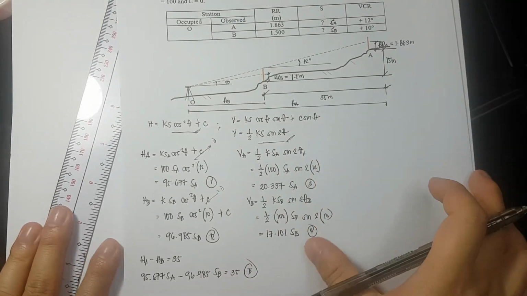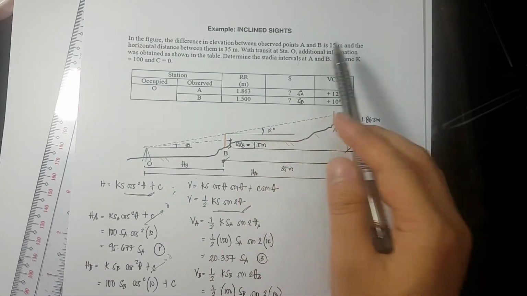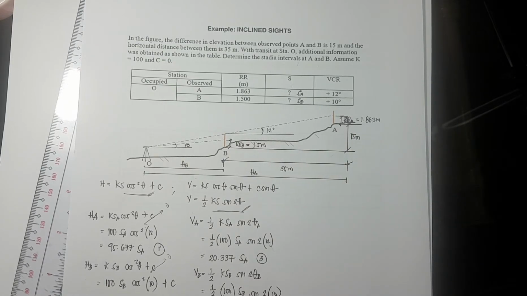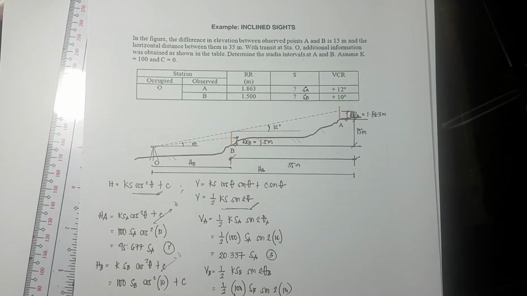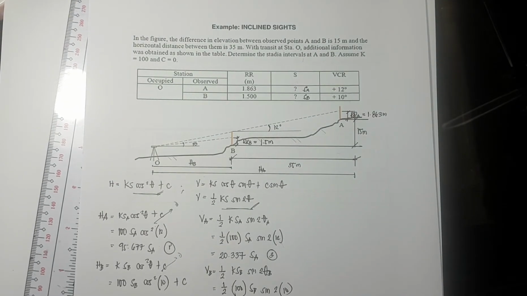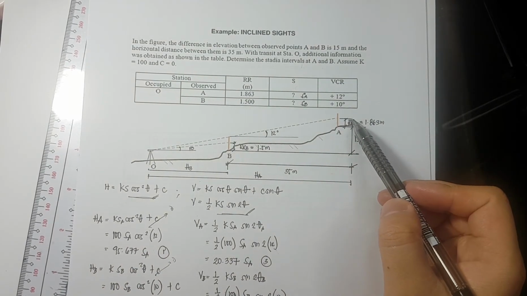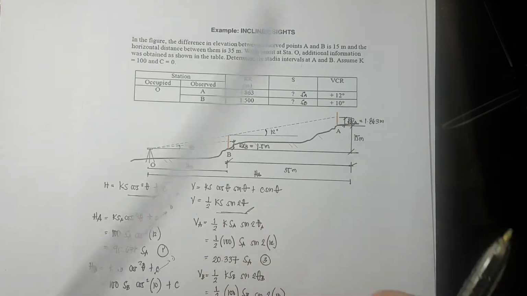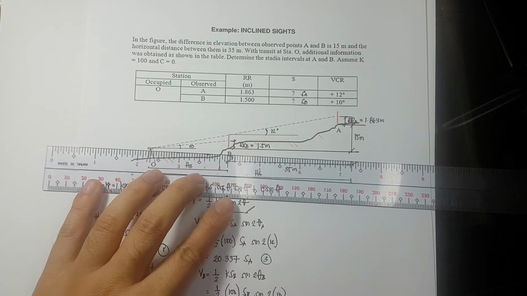So if we're going back to our figure, the difference between point A and point B is 15. But take note, the vertical reading VA is between the horizontal line of sight, which is this.